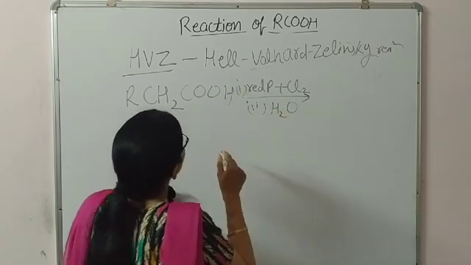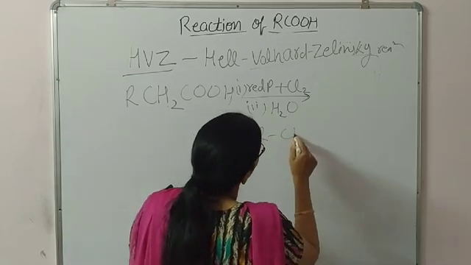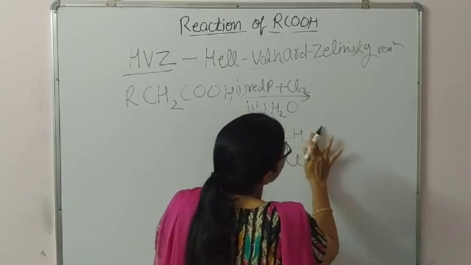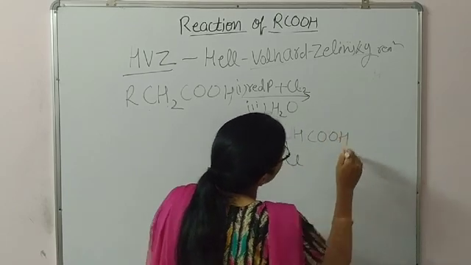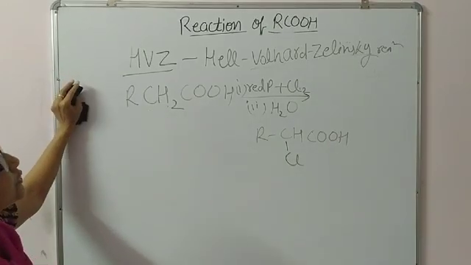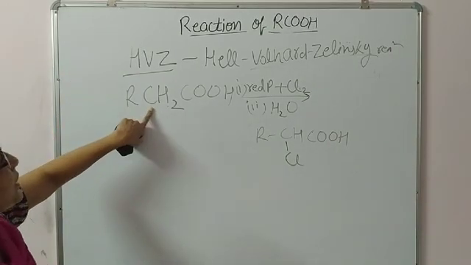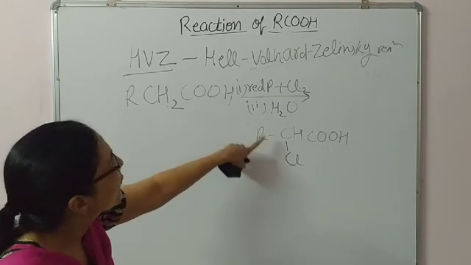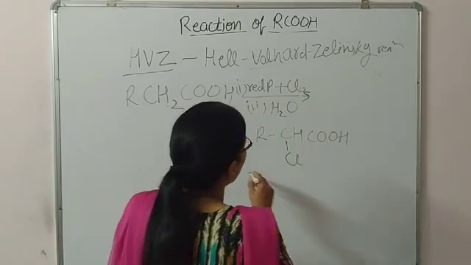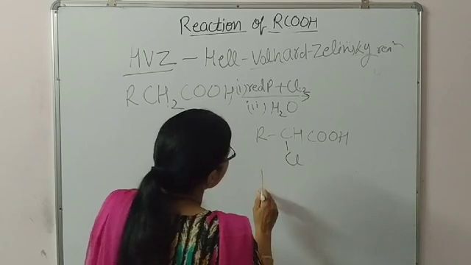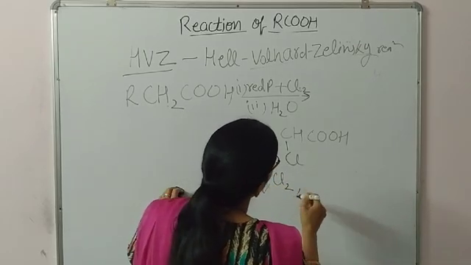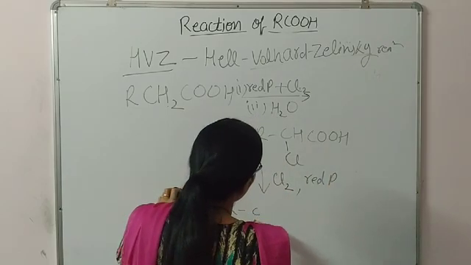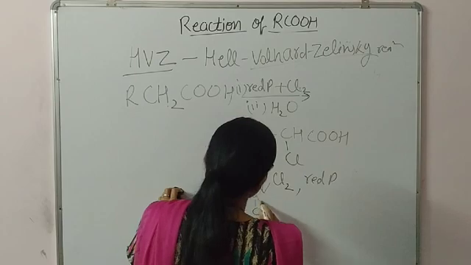Then what will happen? RCHCl, with the COOH group remaining as it is. So RCH2COOH treated with red phosphorus and halogen, then the alpha hydrogen is displaced. If more chlorine is taken, then further reaction will proceed to RCCl2COOH.